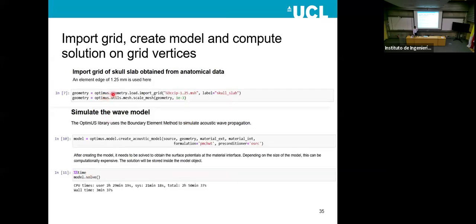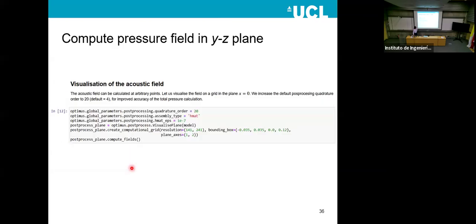We create the geometries by importing the grid, the mesh file, and we scale the geometry because that's in millimeters. We want that to be in meters, and then we create our model, and then we solve it. So that takes just over 3 minutes to solve.